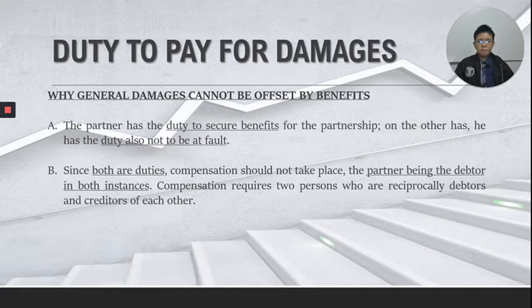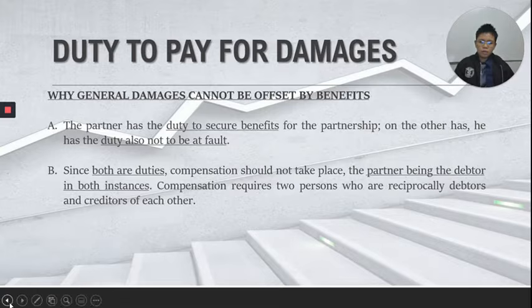However, the courts may mitigate or lessen yung damages which are to be paid by the partner, if the partner through his efforts acquires profit for the partnership. The efforts here must be extraordinary efforts, sabi ng law.